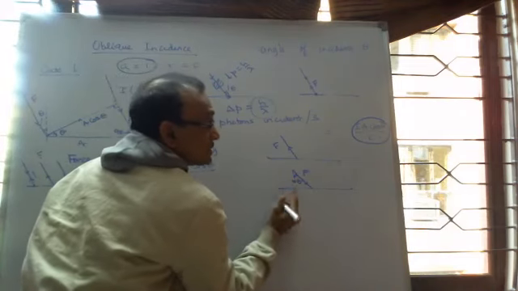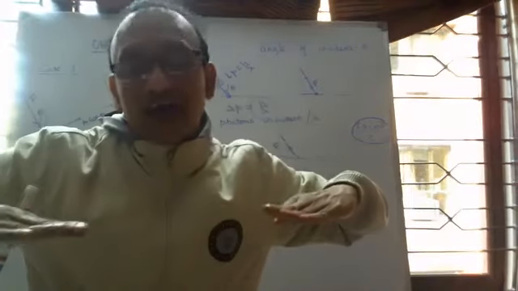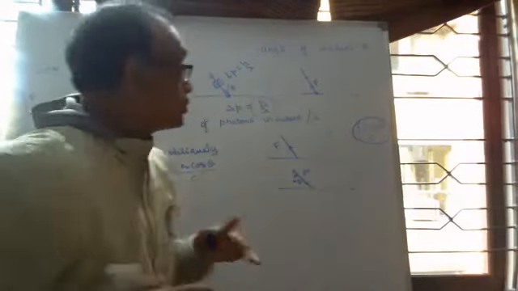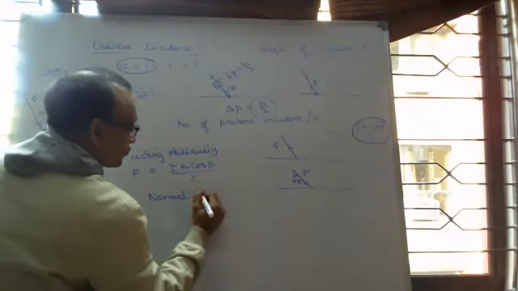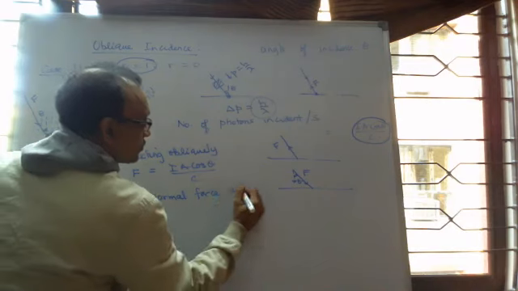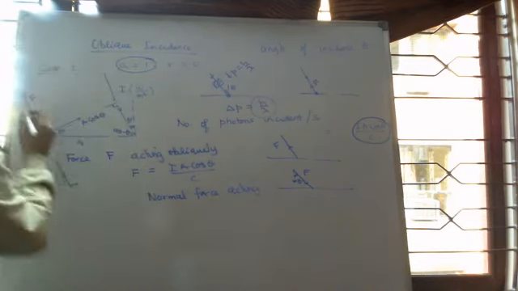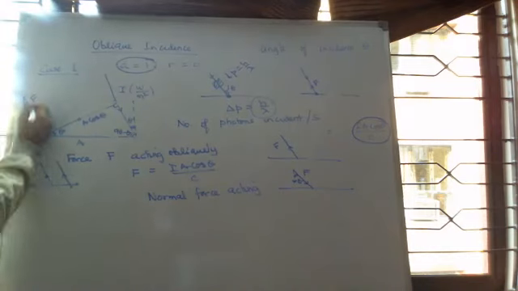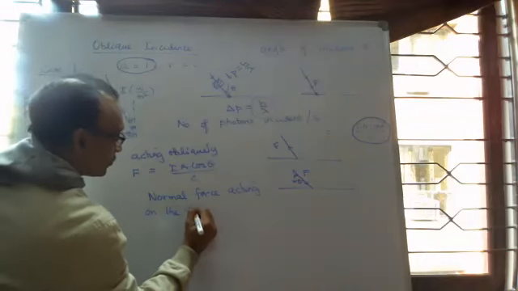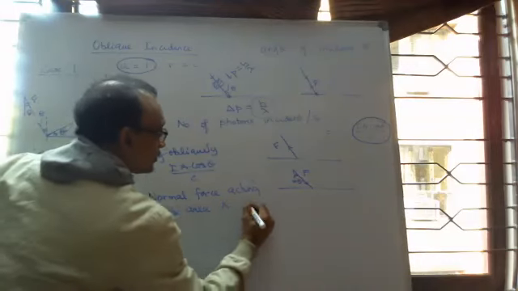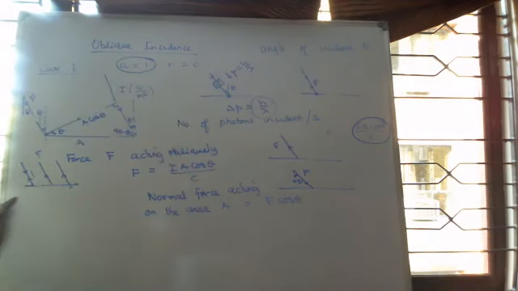So for pressure, which force do we take? For pressure, we take the force acting normal to the area. So the normal force acting on this area. This is an oblique force, so we have to take its component, F cos theta. Is F cos theta the normal force Fn?